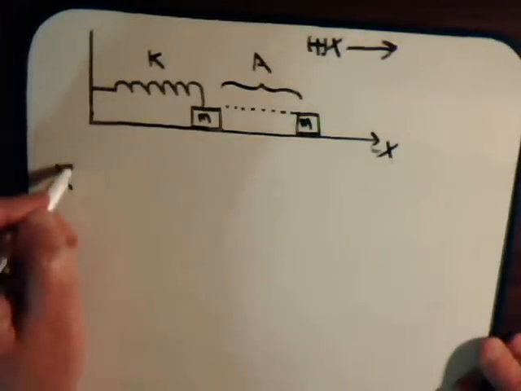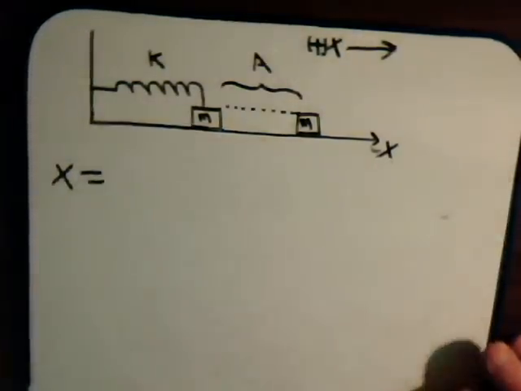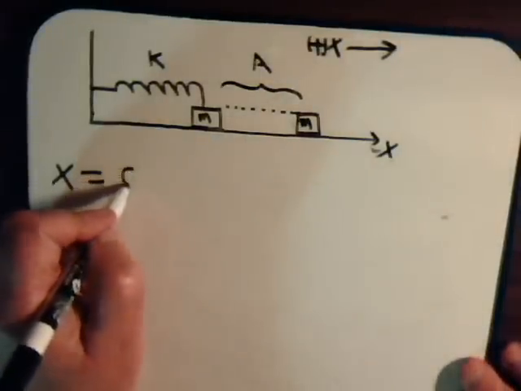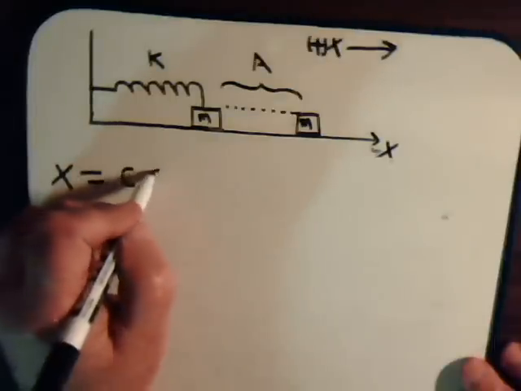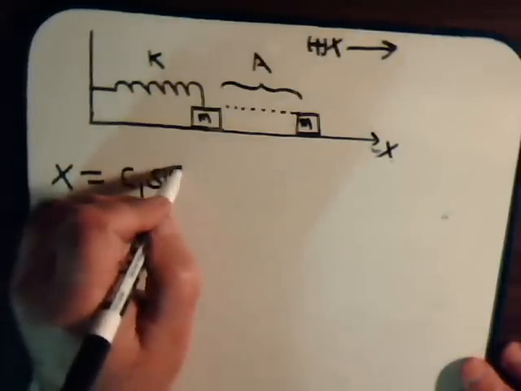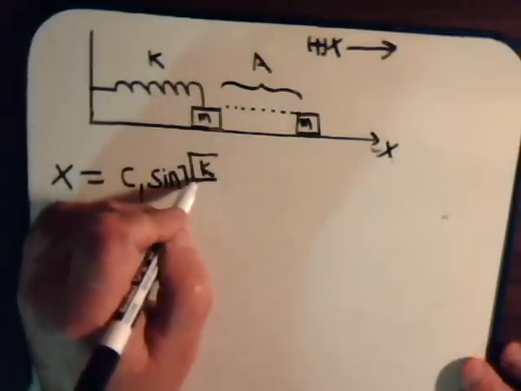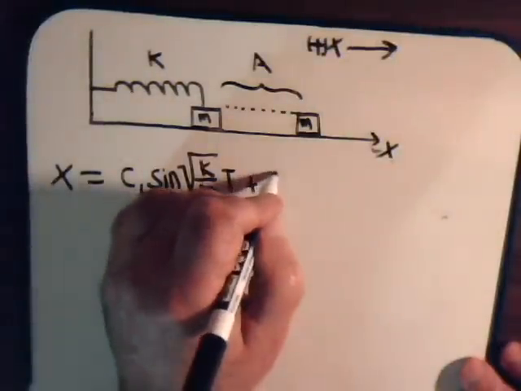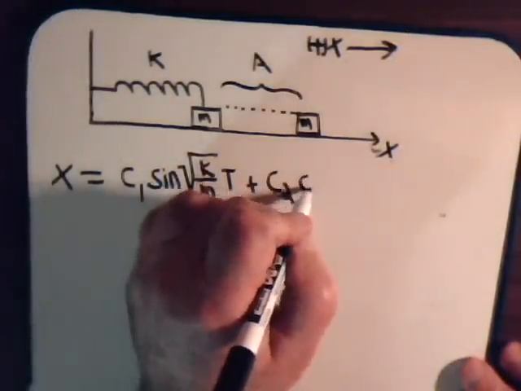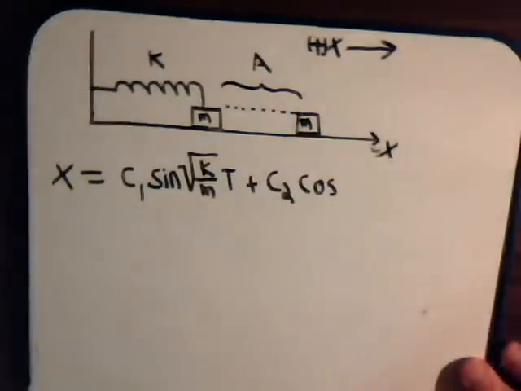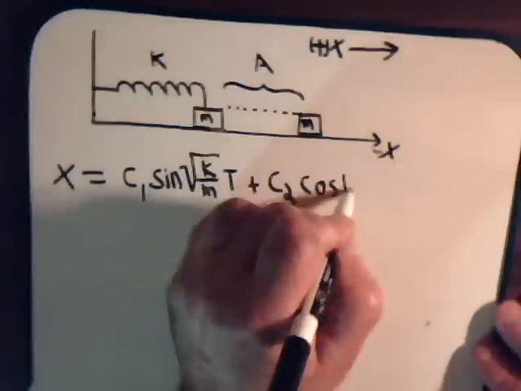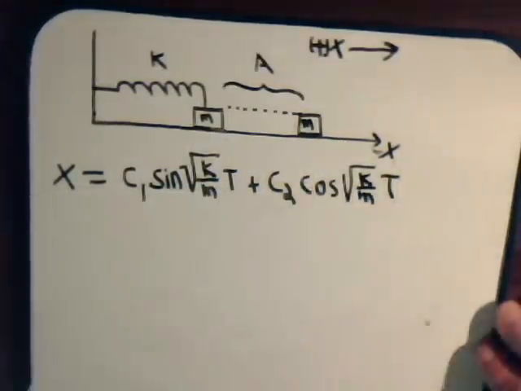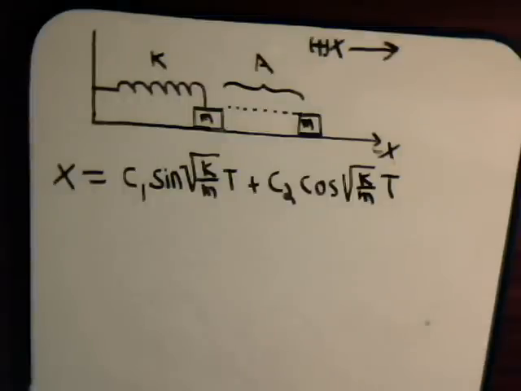So what we just derived, x is equal to some arbitrary constant times the sine of the square root of k over m times t, plus a different arbitrary constant multiplied by the cosine of the square root of k over m multiplied by the time.